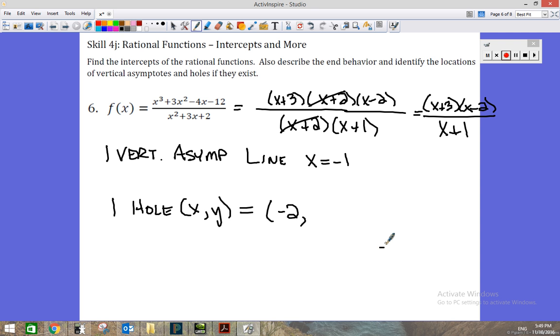If I have negative 2 plus 3, because instead of x plus 3, I'm using x is negative 2, and x is negative 2 minus 2, and then negative 2 plus 1. What is that?